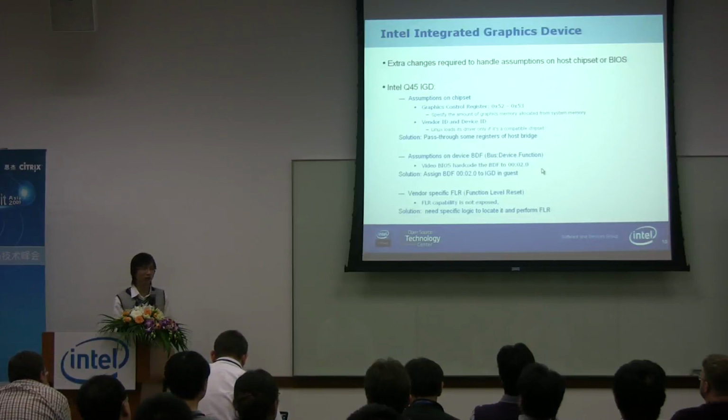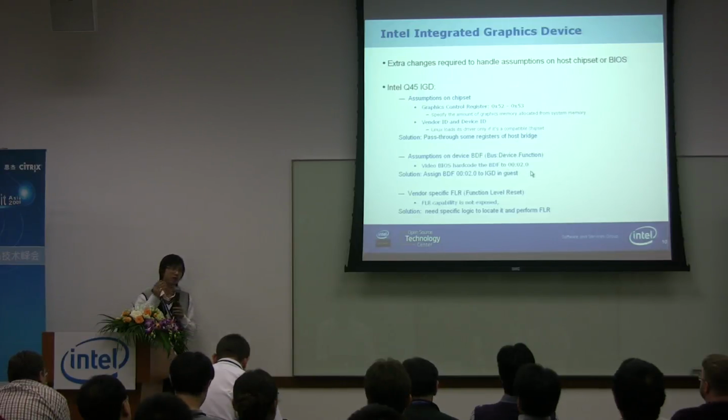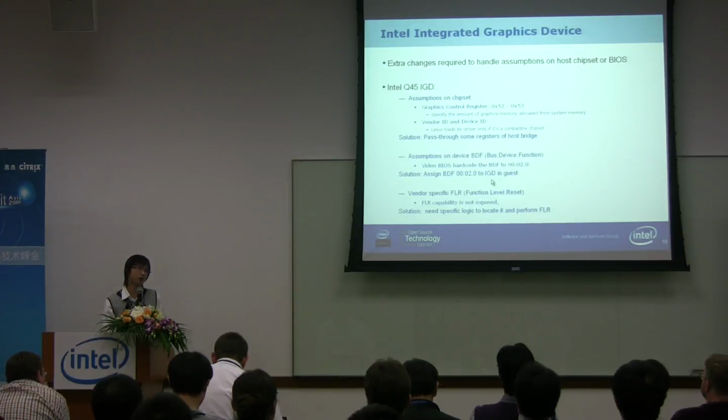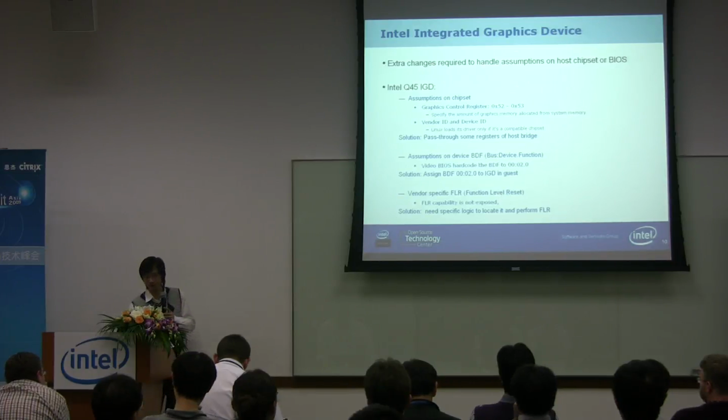So if we find the IGD BDF is not 0:2:0, it will fail, so it cannot initialize the device. So the solution is simple. We can specify the BDF of the IGD in the guest, so it can fix it.